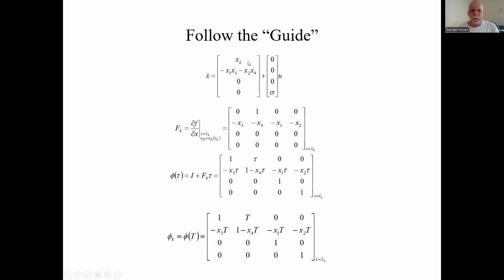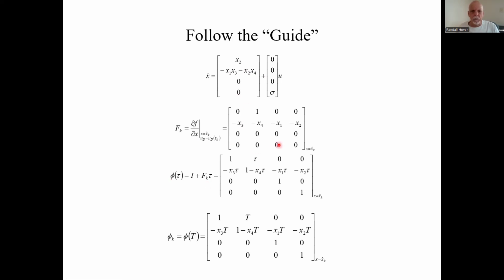With respect to x3 and x4, it's 0 again. This guy would be this partial derivative with respect to x1, which would be minus x3. This guy is the partial with respect to x2, which is just minus x4, etc. Very easy partials to take. And these guys are all zeros. Here was our way to compute phi.